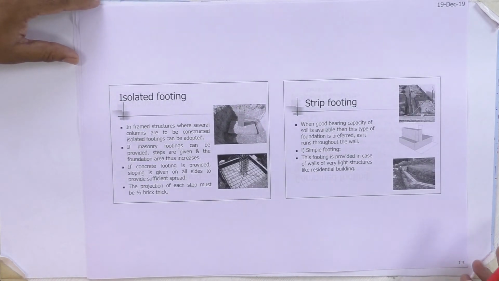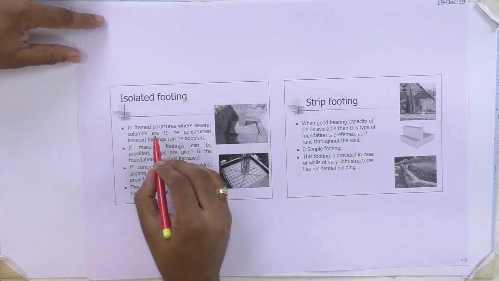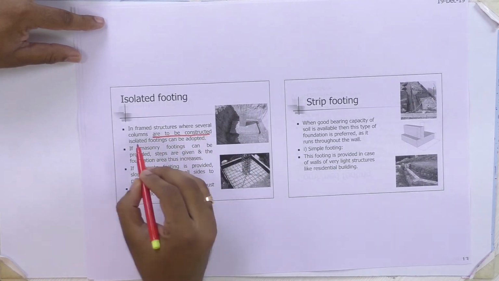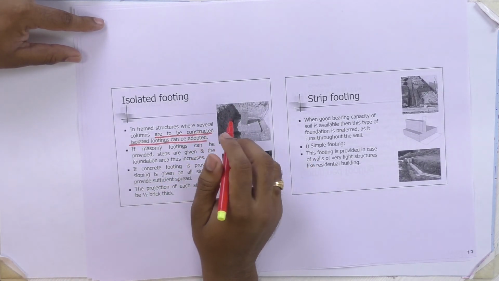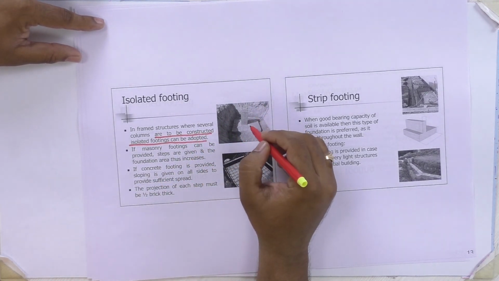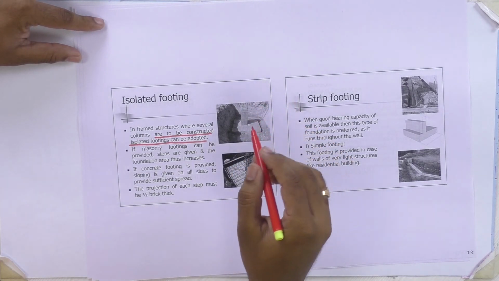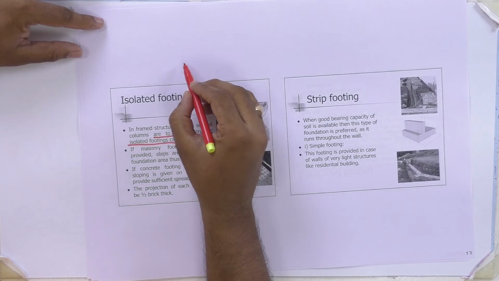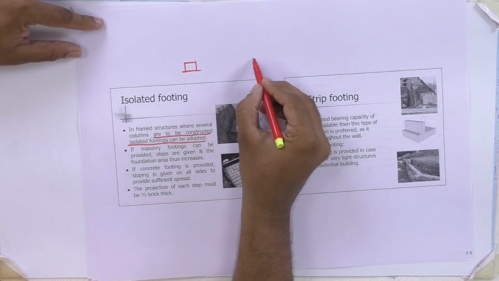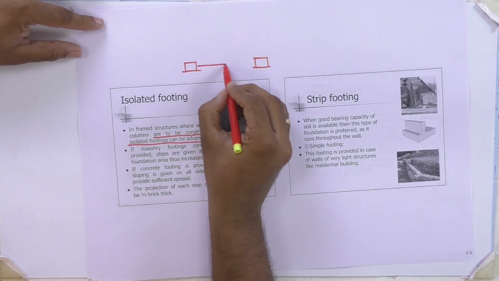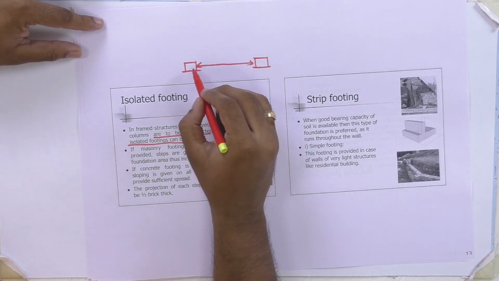So, isolated footing. In a framed structure, where several columns are to be constructed, isolated footing can be adopted. We adopt isolated footing when the distance between two columns is very high. For example, if you construct a column here and another column here, the distance is very high, so we can't adopt a full foundation here.